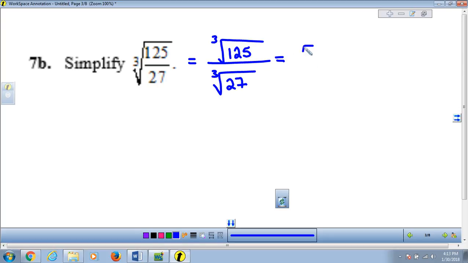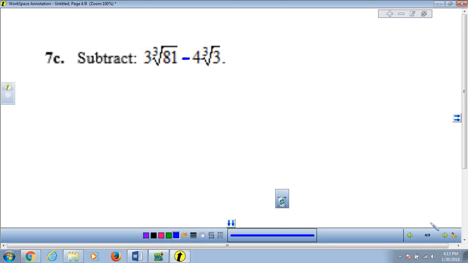The cube root of 125 would be 5, because if you multiply 5 by itself 3 times, it gives you 125. The cube root of 27 would be 3, because if you multiply 3 by itself 3 times, it equals 27. So that's it. That would be the answer. We just use the quotient rule, and make sure you notice that it's not a square root, it's a cube root that you're working with.